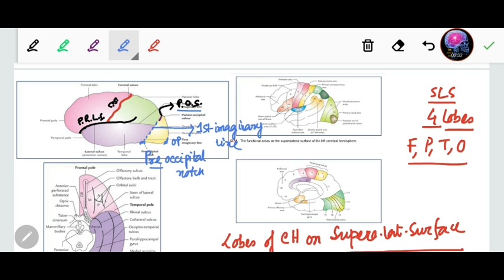And the second imaginary line is a backward continuation of the horizontal part of the posterior ramus of lateral sulcus. Let's draw the second imaginary line.